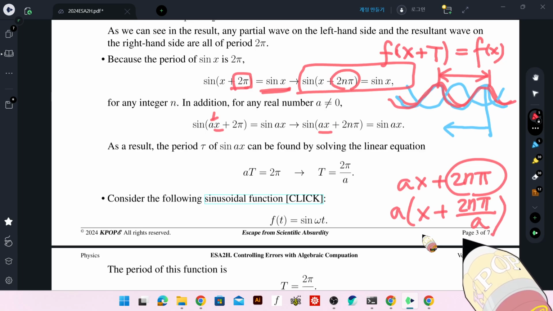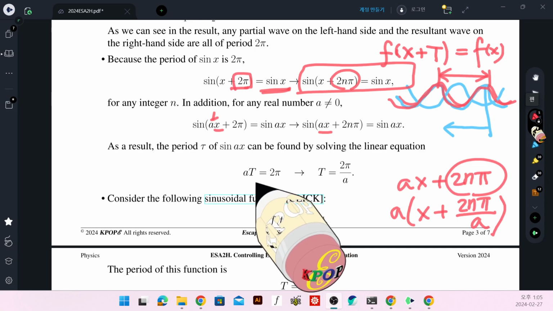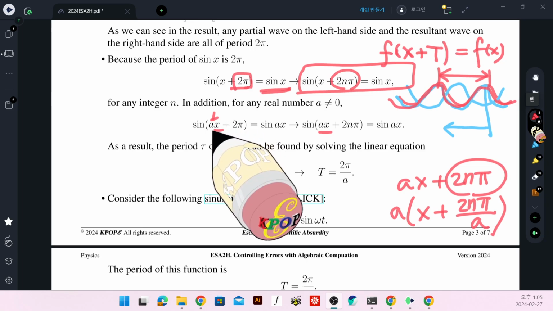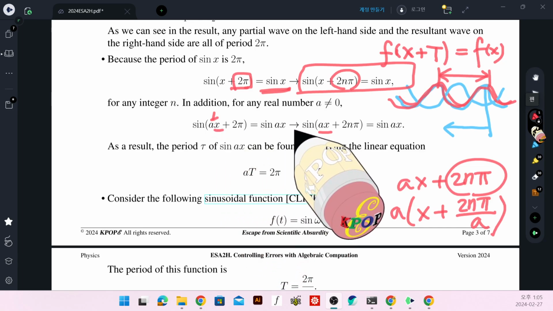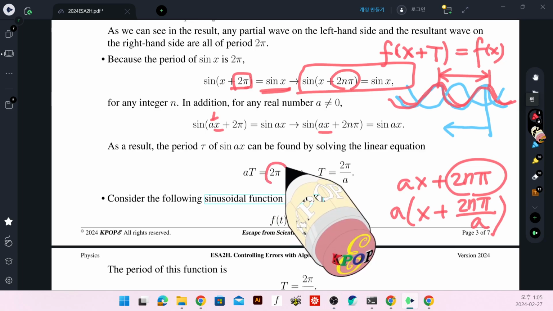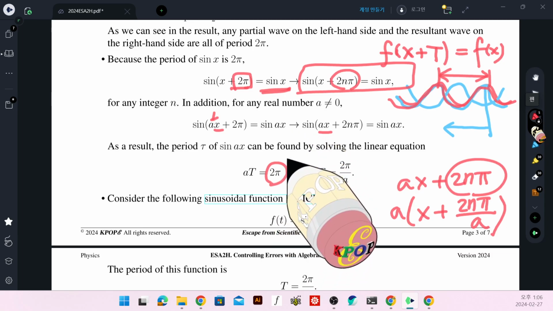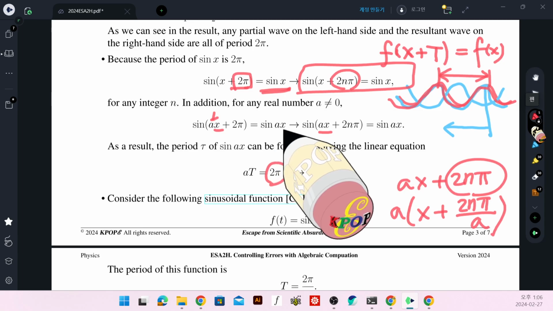So, what happens? While the period for the previous case was 2 pi, for this x variable, sine ax plus something, or sine ax, it will return to the same value if I shift this argument by 2 pi, but the period varies for the variable x.